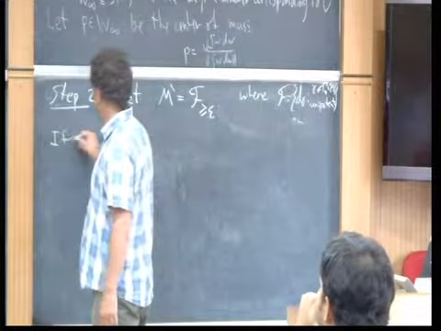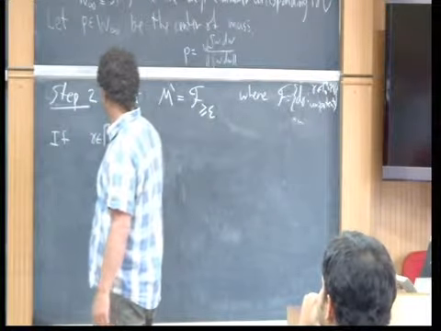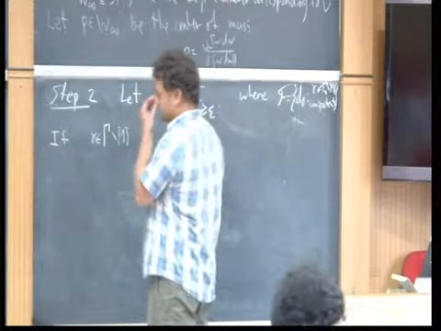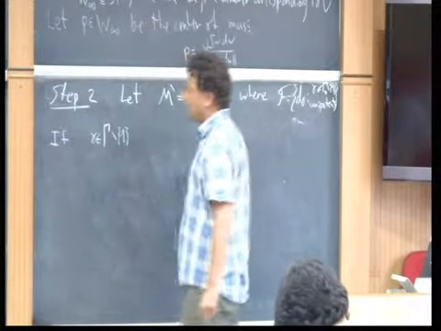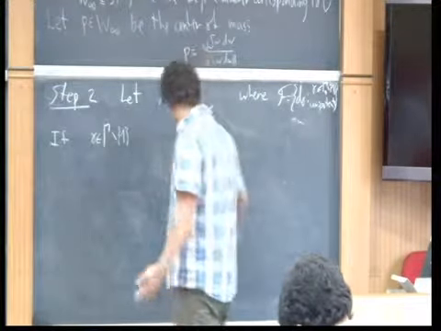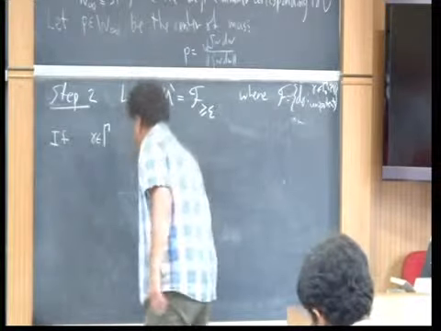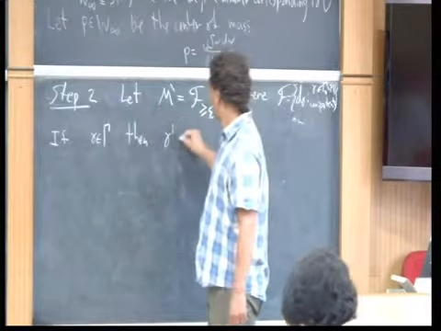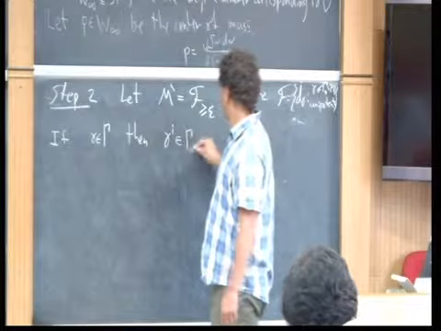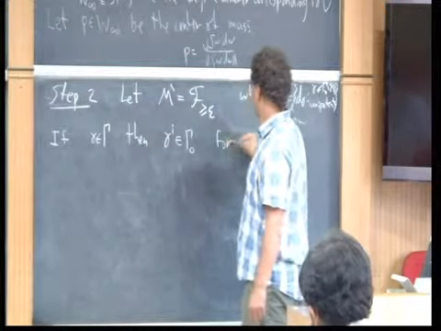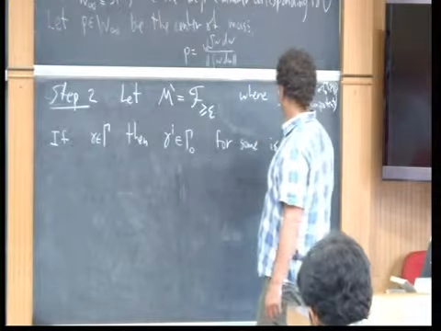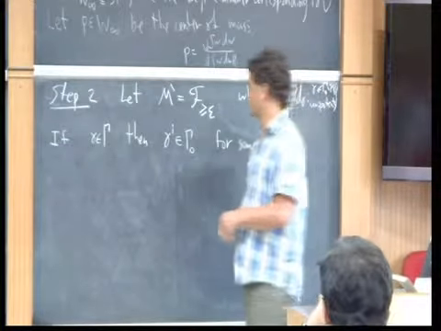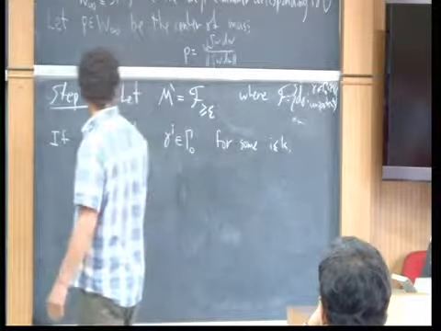If gamma belongs to gamma naught, the net, minus identity, or even with identity, then gamma to the power i belongs to gamma naught for some i less than or equal to k.